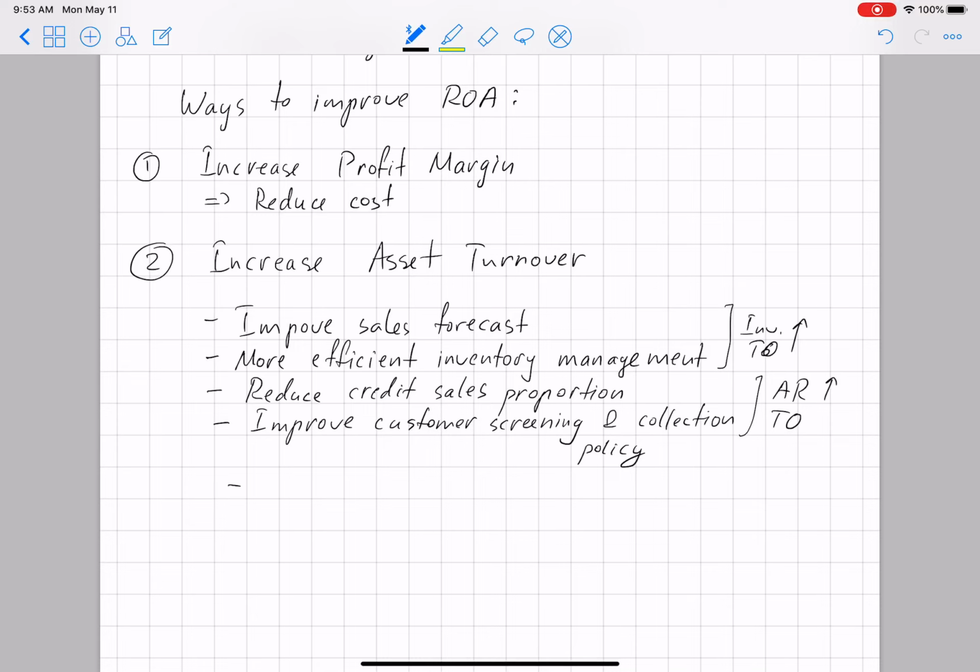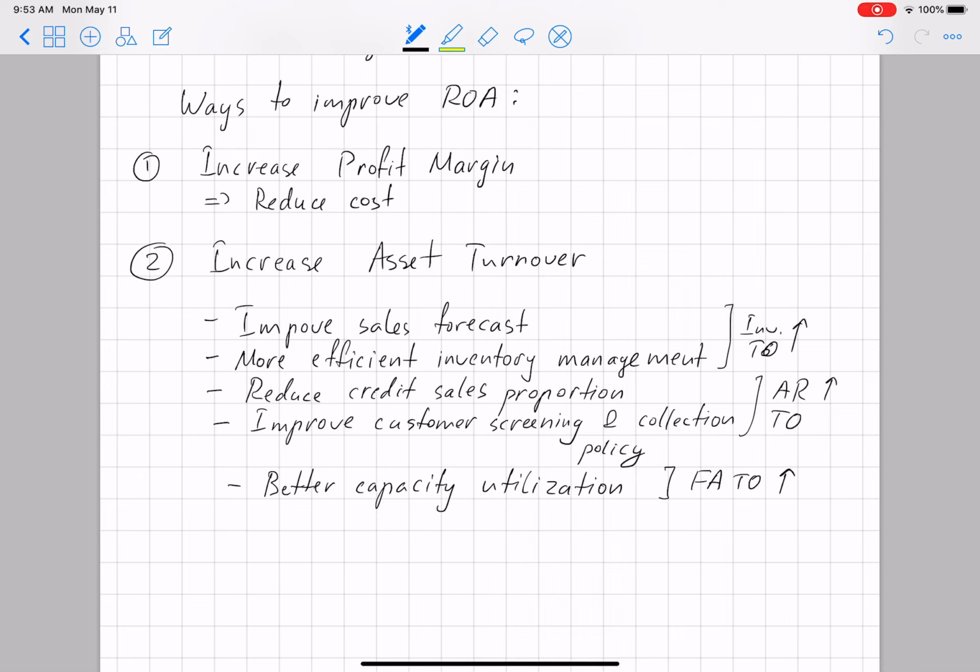So for that, you would need to improve your capacity management. So basically, we could simply say better capacity utilization. Okay, so that would result in fixed asset turnover going up.